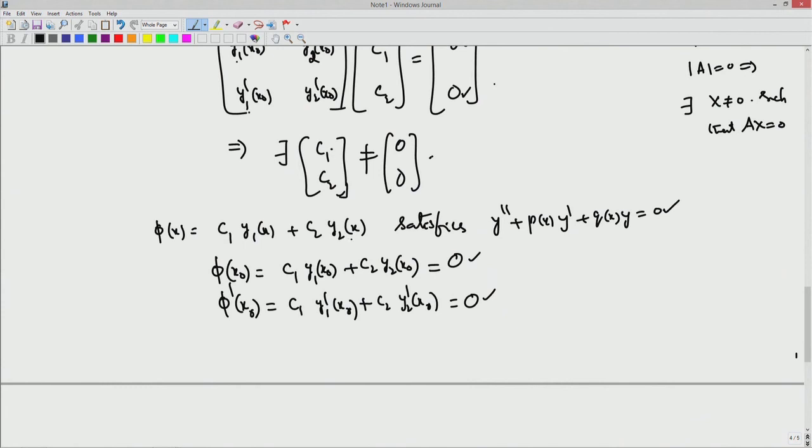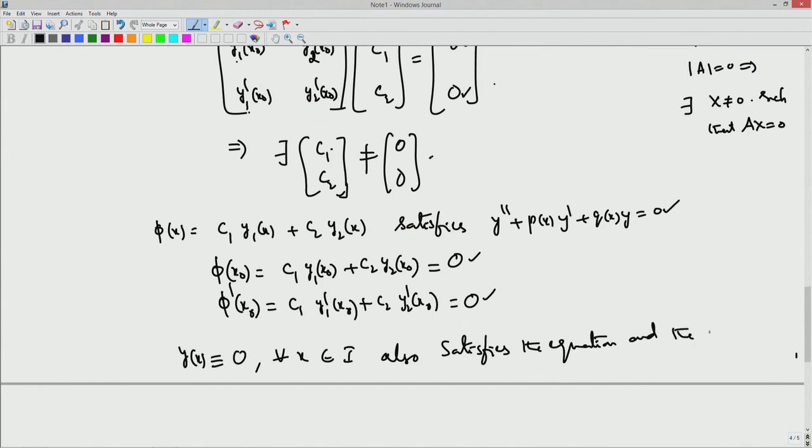And you know that y of x equal to 0 for every x in I also satisfies the equation and the initial values: y at x naught is 0, y dash at x naught is also 0, because you simply differentiate y x equal to 0.